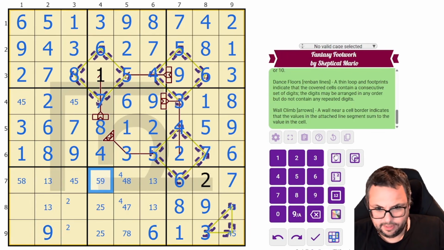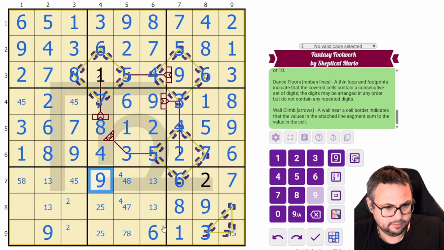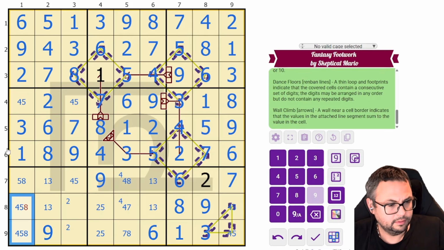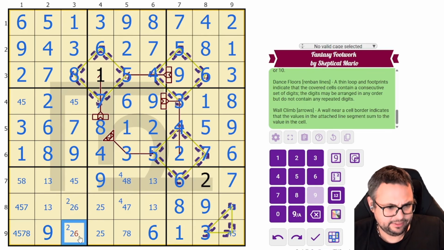That makes that a 9. 4, 5, 8, and the other thing. 7, it looks like. These are 2 and 6, it looks like.